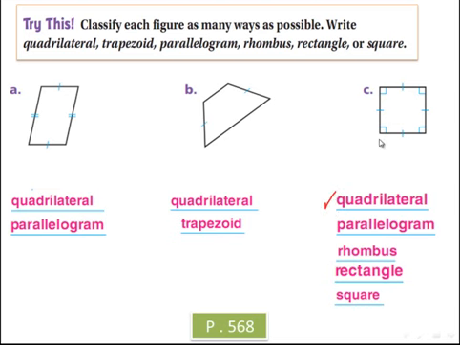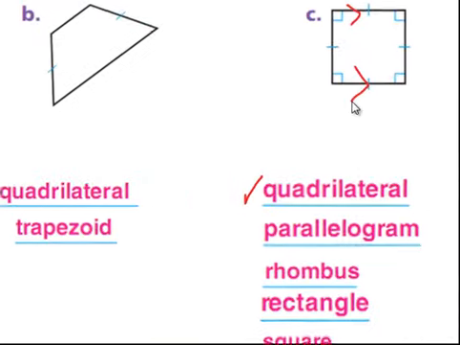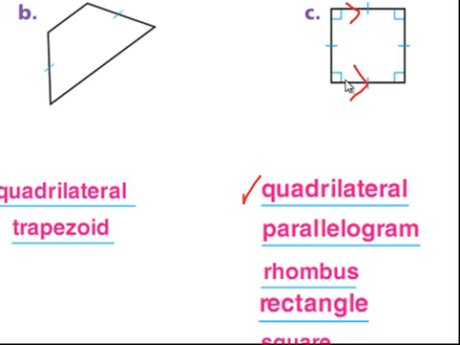Quadrilateral because it has 4 sides and 4 angles. Parallelogram because every two opposite sides are parallel. And here there are two opposite sides that are parallel.